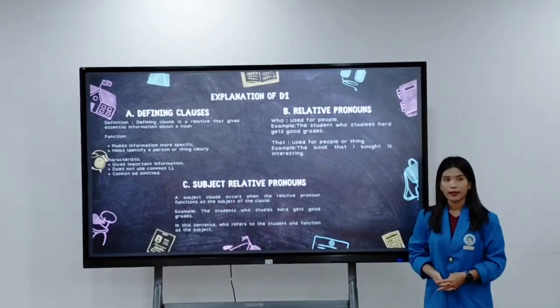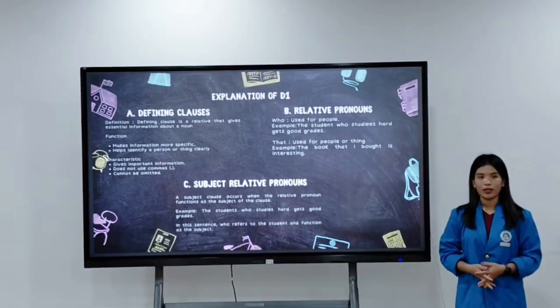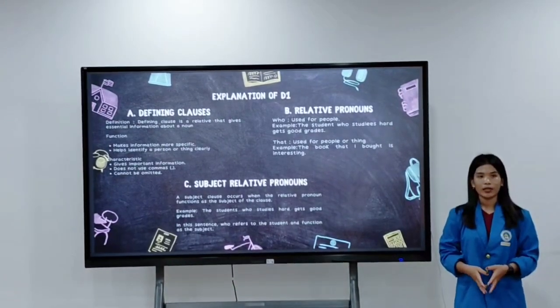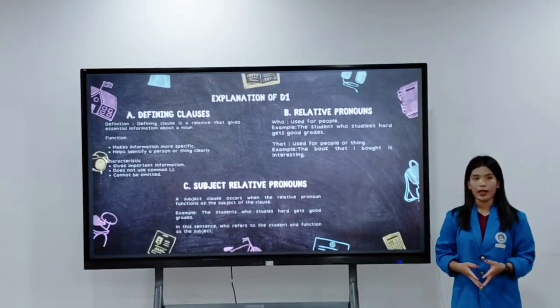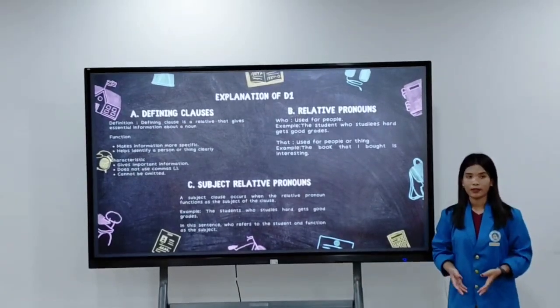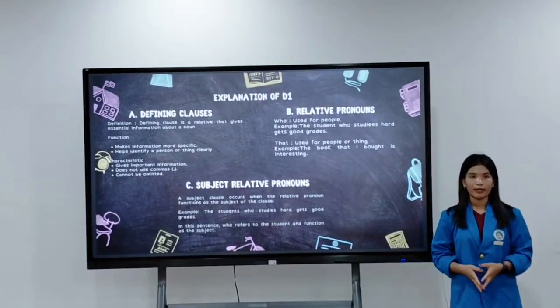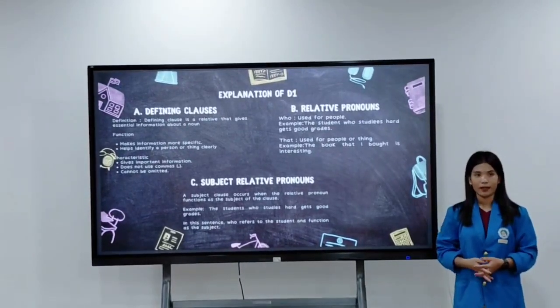Next, subject relative pronouns. Finally, let's look at this section. A subject relative clause happens when the relative pronoun itself functions as the subject of that clause. Let's look at the example: the student who studied hard gets good grades.